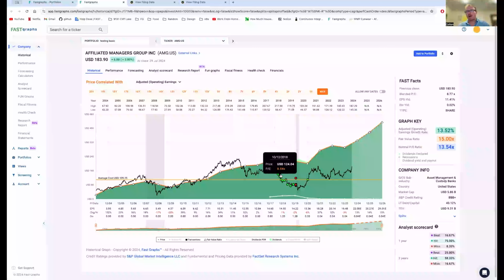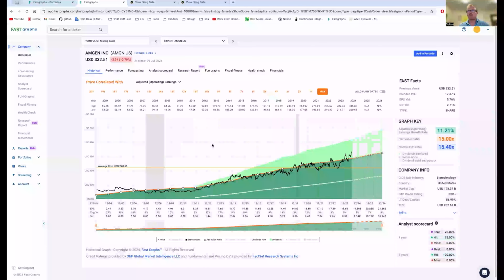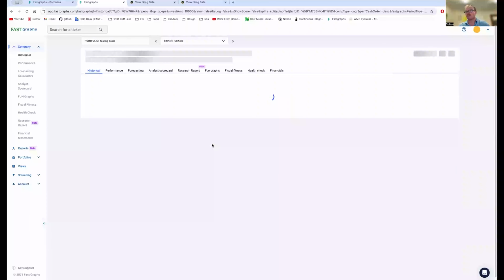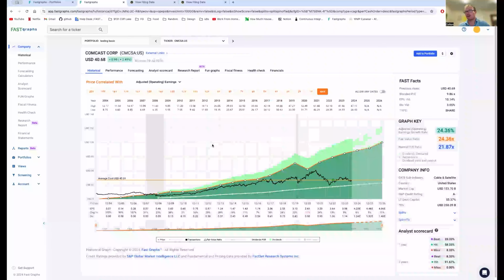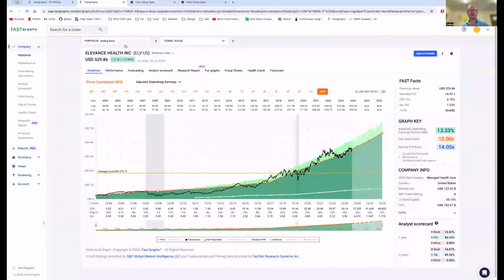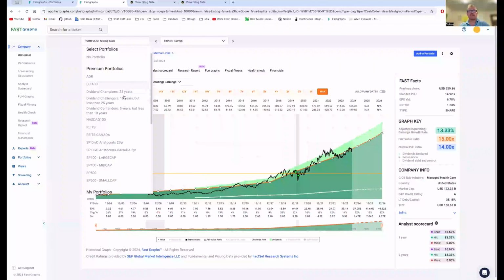And then now I've plotted all of my buys and sells on here, buys being green, sells being red with an average cost. And then now I'm going to use the arrow keys on my keyboard, and I'm using the right arrow, and I can quickly go through this portfolio, and I'm plotting all the buys and all the sells of this portfolio right here. So that's an awesome feature. I can click in here and change this.